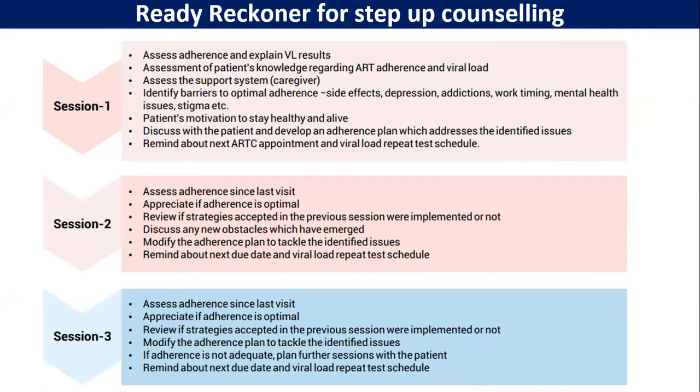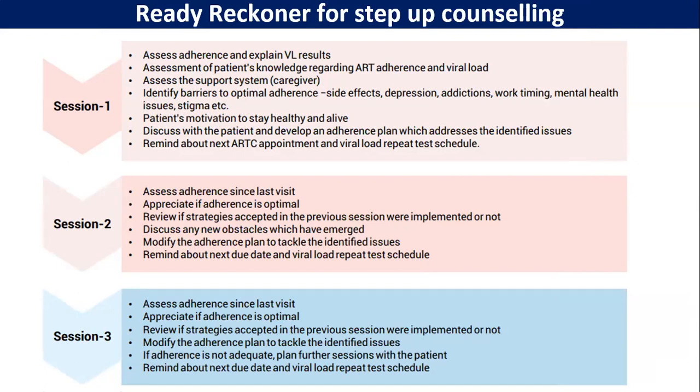We identify barriers to optimal adherence, that is side effects, depression, addiction, work timing, mental health issues, stigma, etc. Then we push patients' motivations to stay healthy and alive, discuss with the patient and develop an adherence plan which addresses the identified issues, and lastly remind the patient about the next ART appointments.